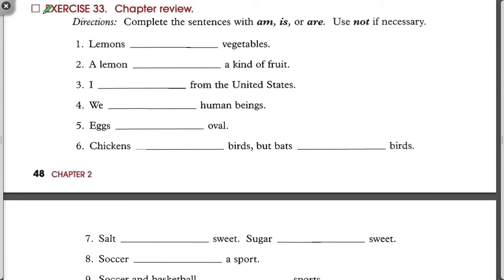Exercise 33. Complete sentences with am, is, or are. Lemons are vegetables. A lemon is. Eggs are oval. Oval means shape of like round, but the shape of an egg. Chickens are birds.